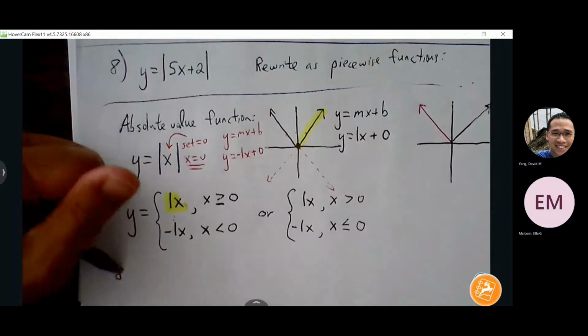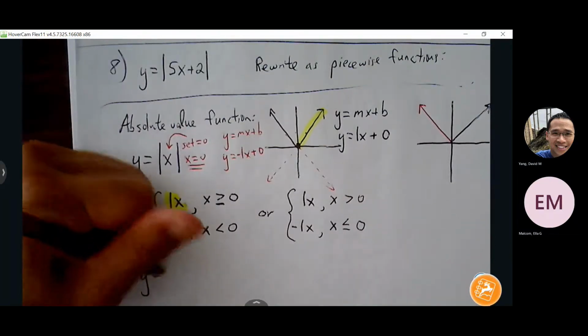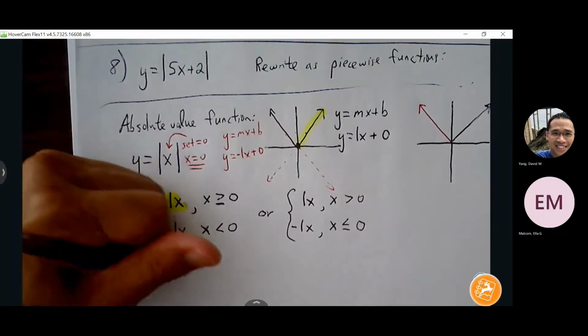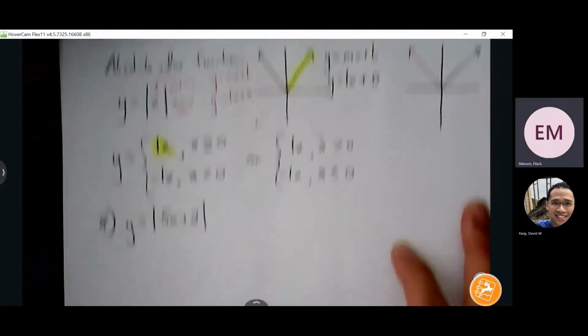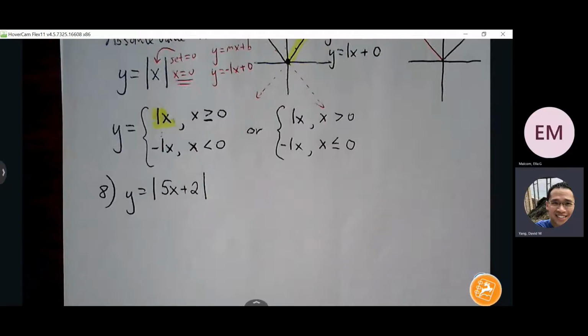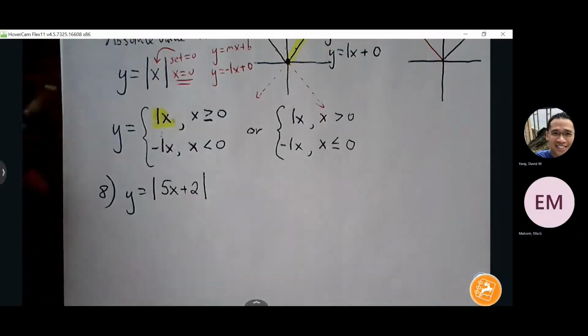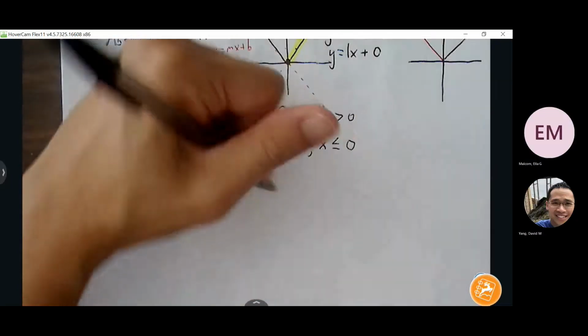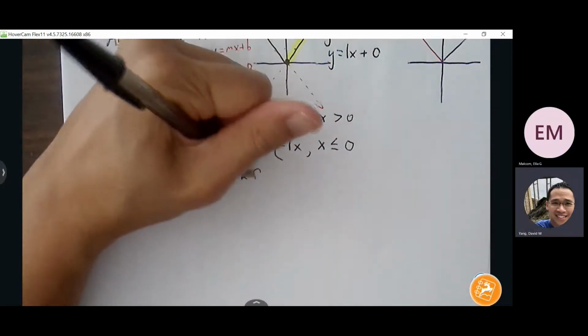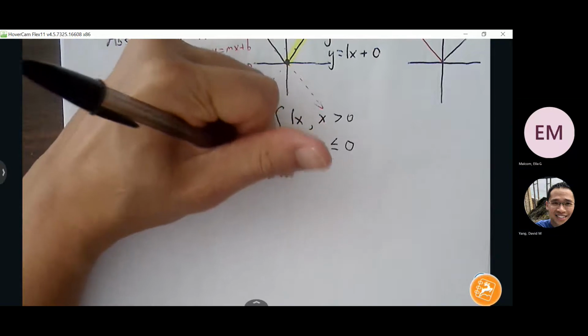Okay. So here's number 8. Y equals absolute value of 5x plus 2. Let's find the vertex.